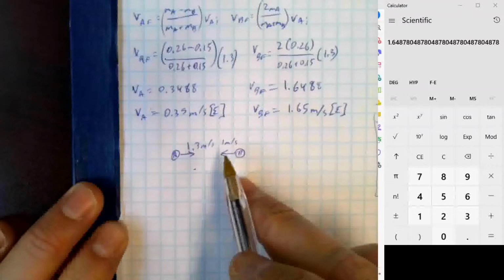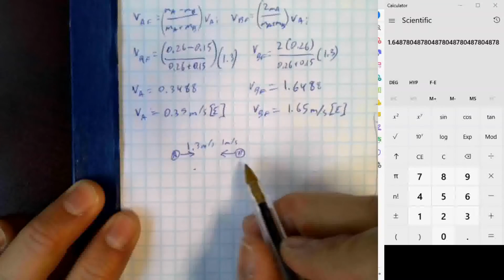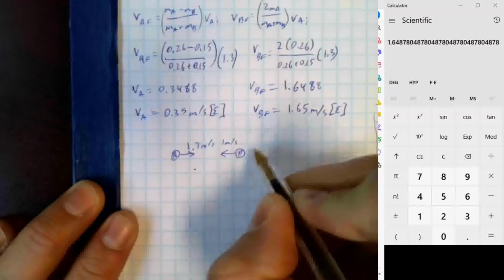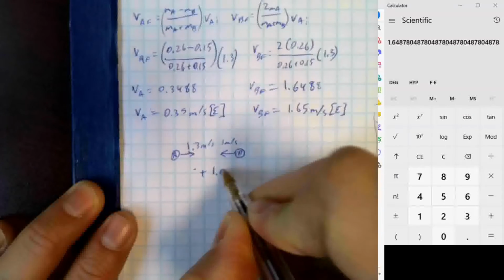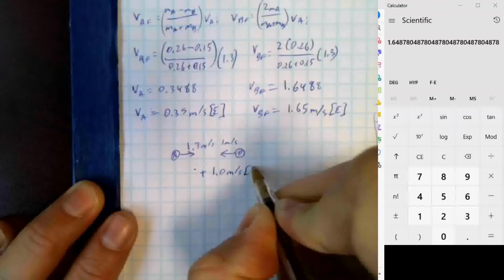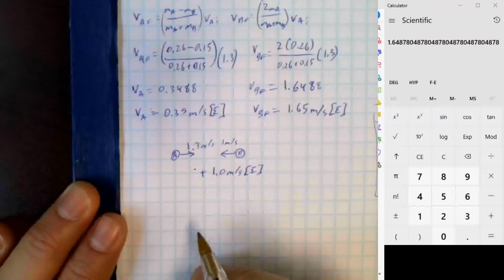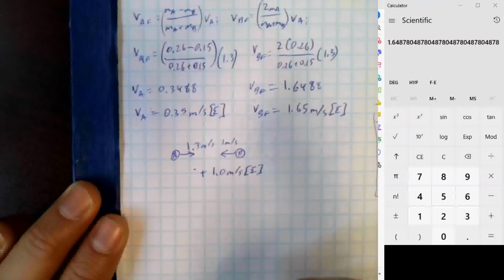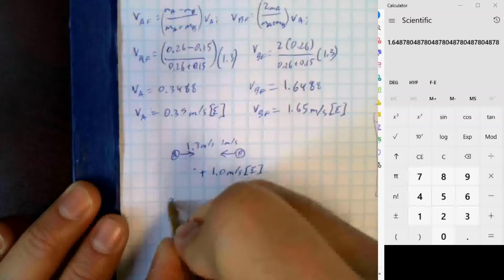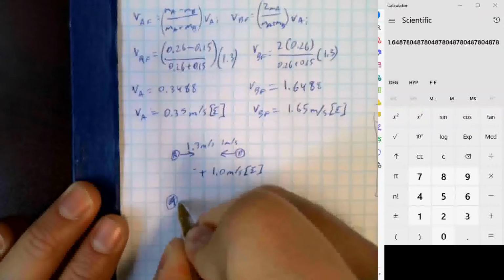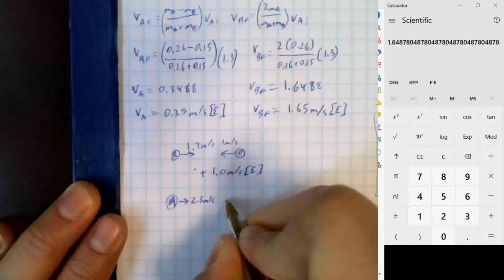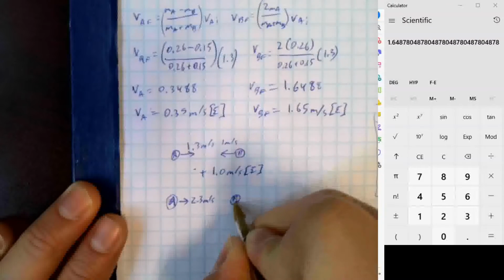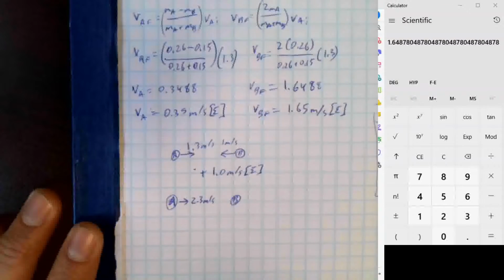Now, if we add 1.0 meters per second east to both of these, we end up with a situation that looks like this. We have object A traveling at 2.3 meters per second east, and object B is stationary.